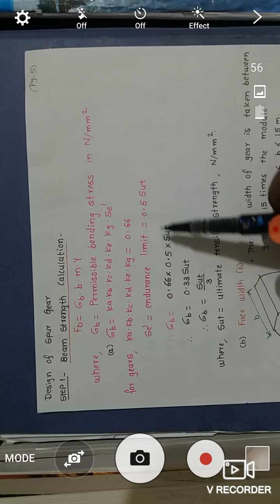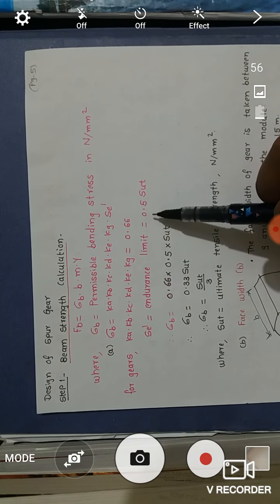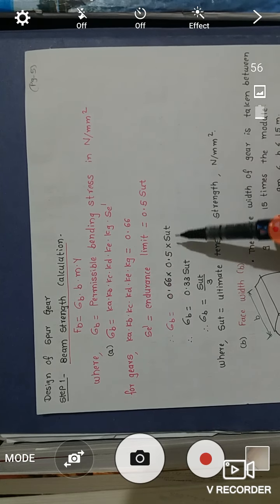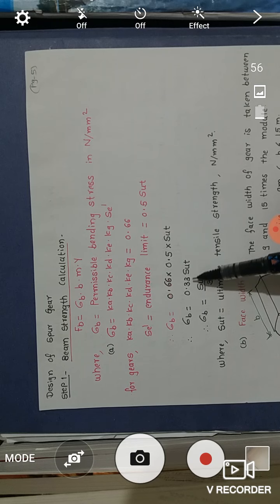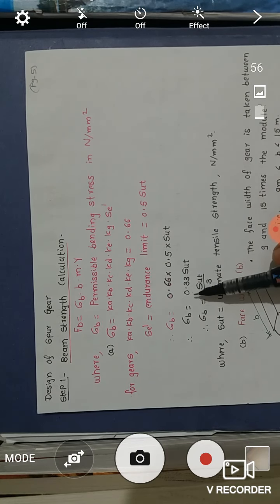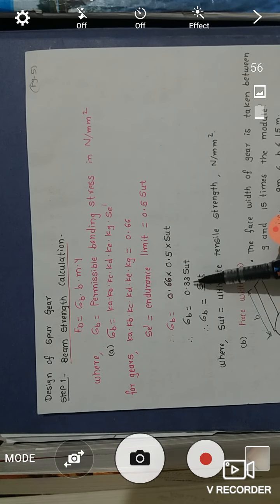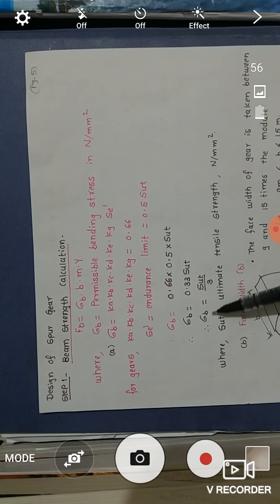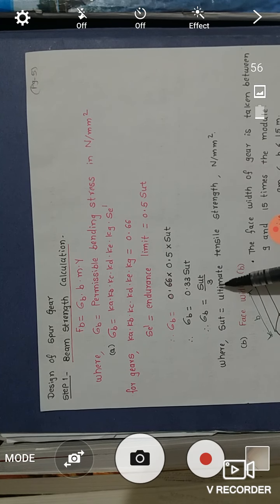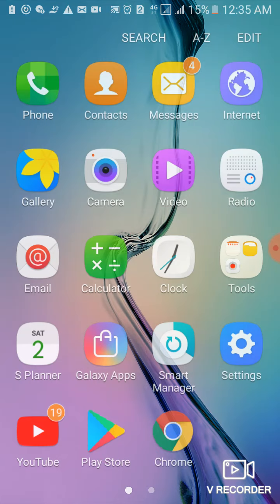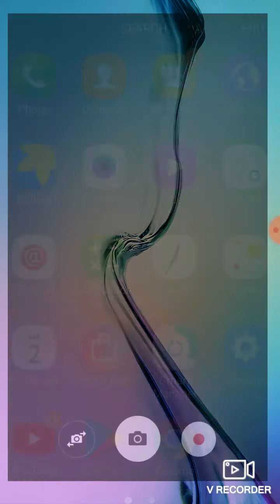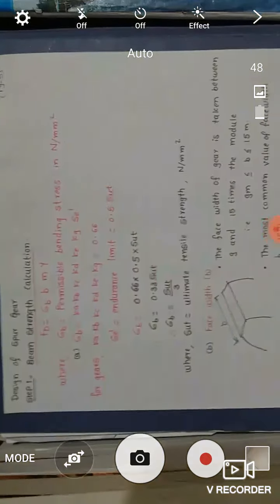So sigma b is equal to 0.66 into 0.5 into SUT. If we multiply this, then sigma b is equal to 0.33 into SUT. We write this 0.33 as 1 upon 3. So sigma b is equal to SUT upon 3, where SUT is ultimate tensile strength. So this is about the sigma b calculation.